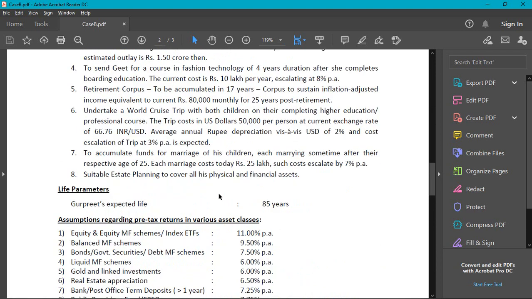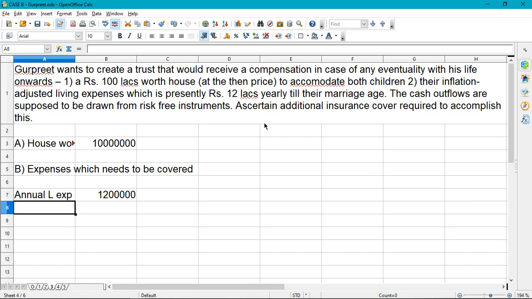So we can find it in point number 7: to accumulate funds for marriage of his children, each marrying sometime after their respective age of 25. So 25 is their marriage age, correct? So we got the time frame, which is 25 minus the current age of 14.